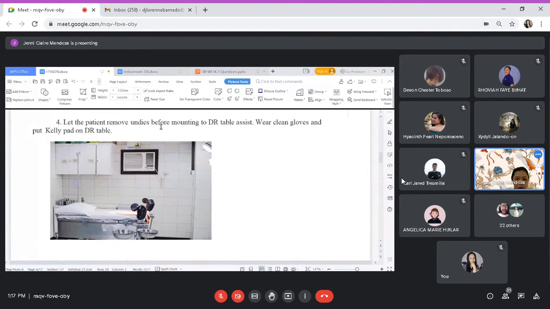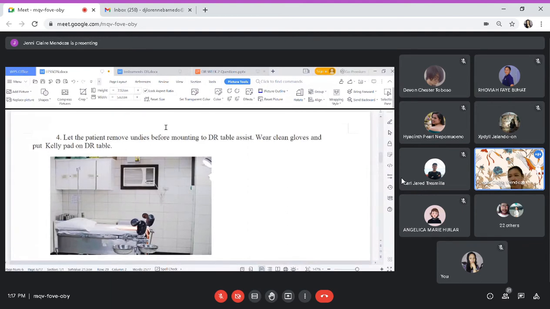Okay, so in bringing the mother to the DR, we usually transfer them to the stretcher, and then from the stretcher to this delivery table.